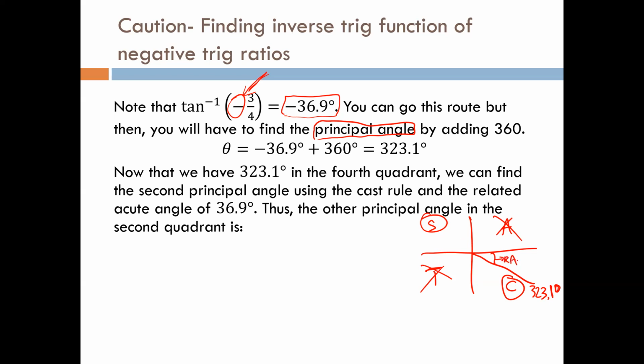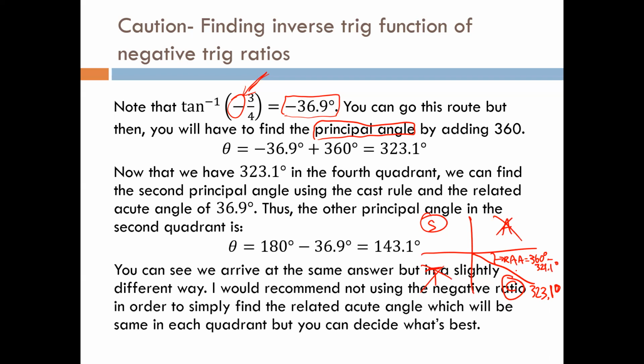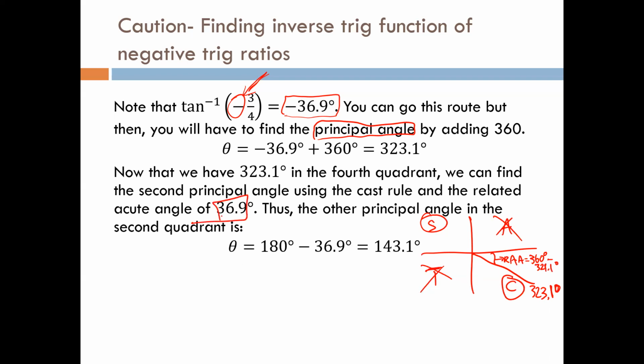To find the related acute angle, you take 360 degrees and subtract 323.1 degrees. So you have to work backwards to figure out the related acute angle, which ends up being 36.9. Then you use the related acute angle of 36.9 to figure out the second angle, in the second quadrant.